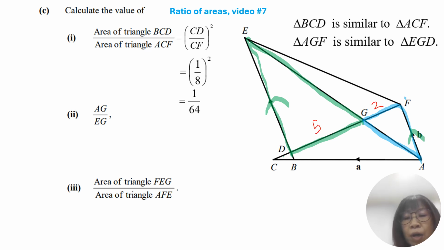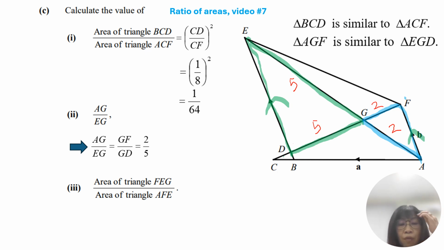Since similar triangles have equal ratios, the ratio of AG is also 2 units and EG is 5 units. So with this, I can find the ratio of AG to EG as 2 is to 5. This is easily done.